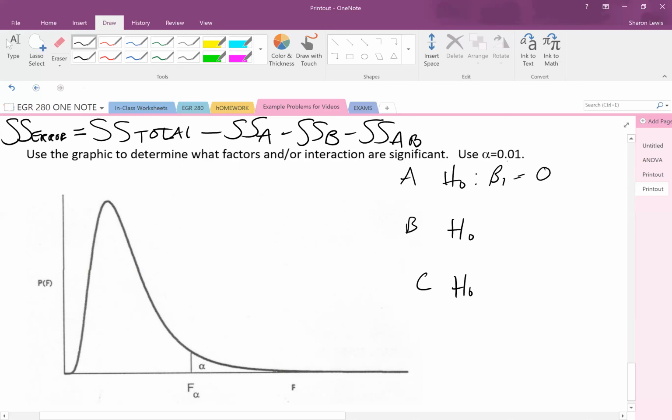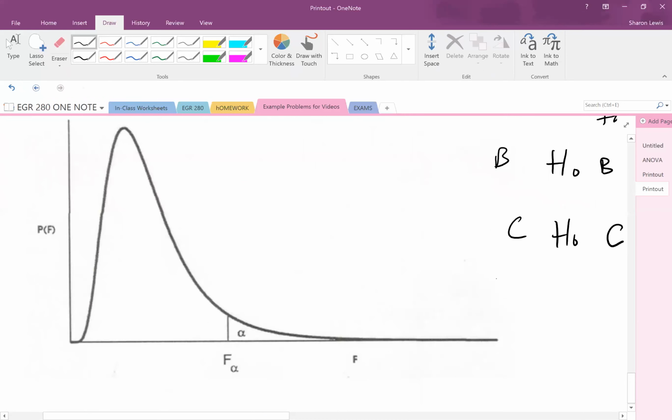So essentially, the factor is not significant, not important, is our null. So B, not important. Lots of ways you can word that, but essentially that's what this is meaning. AB is not important, not significant, doesn't influence our Y. The coefficient on the variable is equal to 0. So those are our null hypotheses.